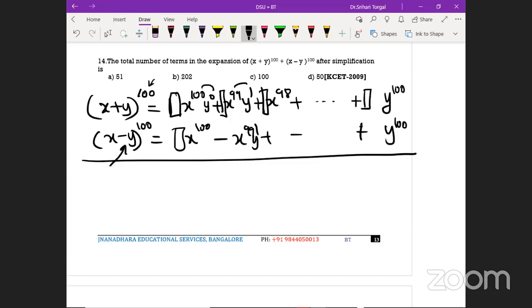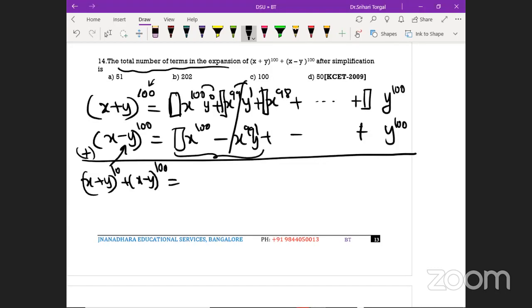Now, add x plus y whole power 100 and x minus y whole power 100. Now I want the total number of terms in the expansion. See here, if you consider the first two, the second term gets cancelled.